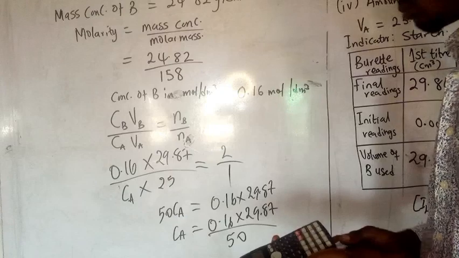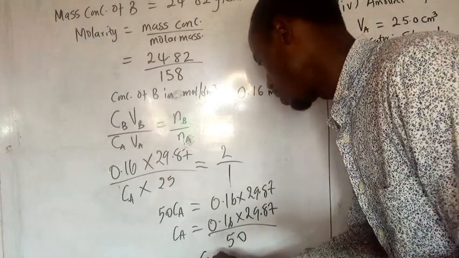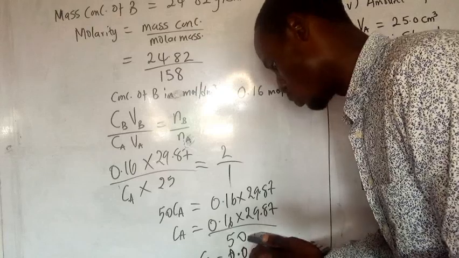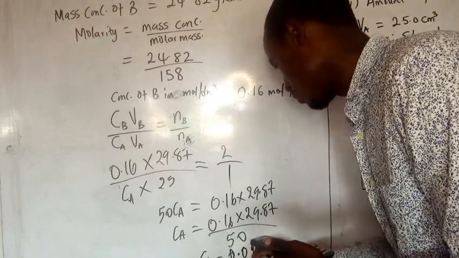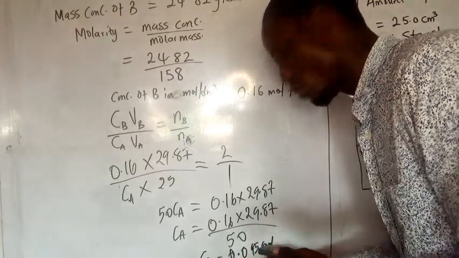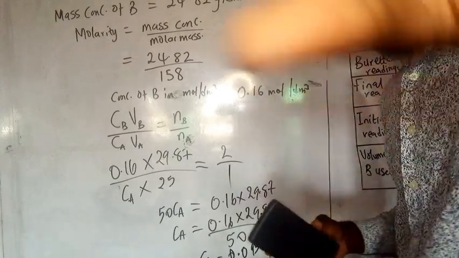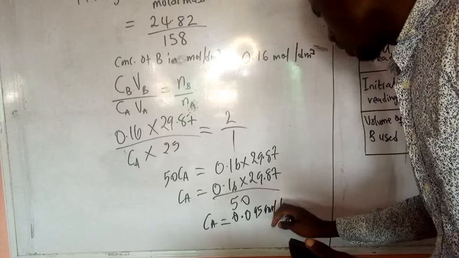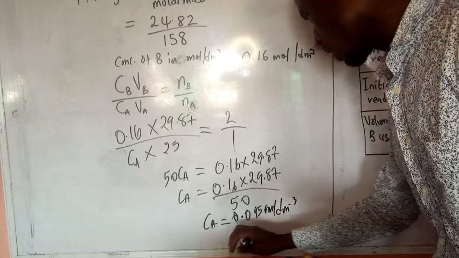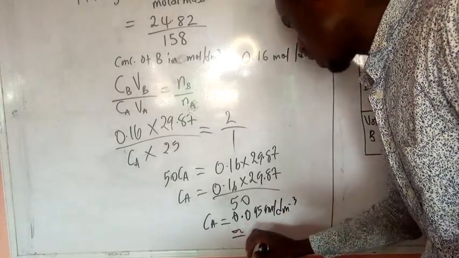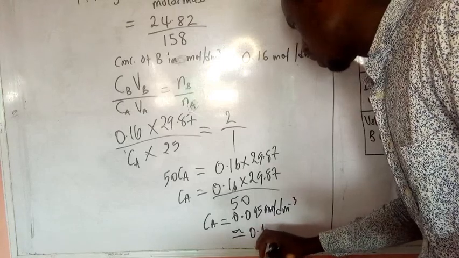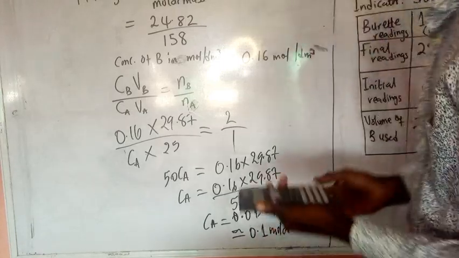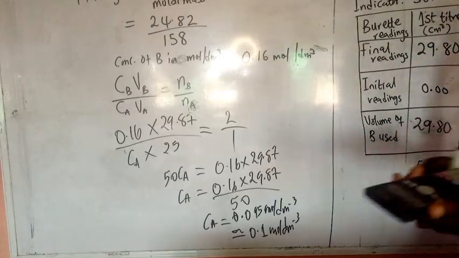That gives me CA equals 0.095 mole per dm cube. So I can write this approximately as 0.1 mole per dm cube. That is the concentration of A in mole per dm cube.